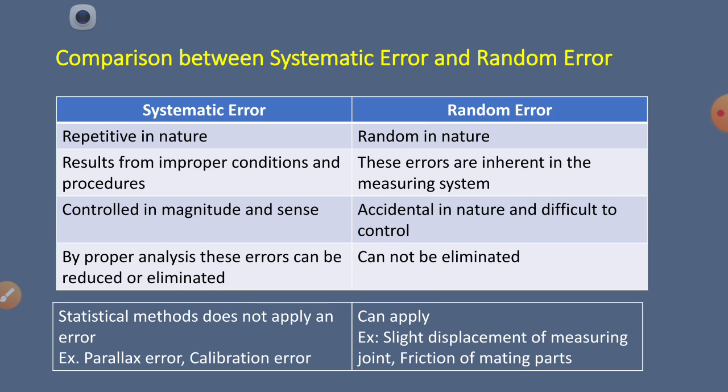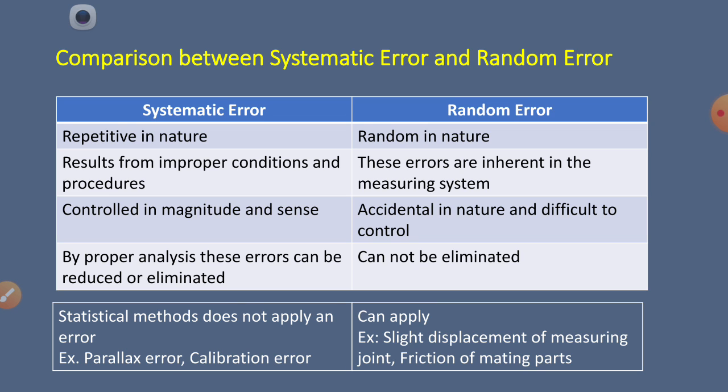The systematic error is repetitive in nature. The error repeats, whereas random error is random in nature. So it may occur, or may not occur. The value may change at different places and different times. And systematic error results from improper conditions and procedures.